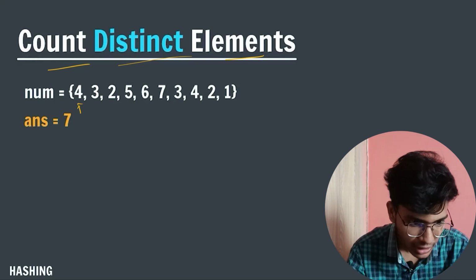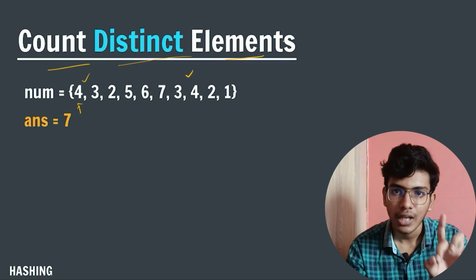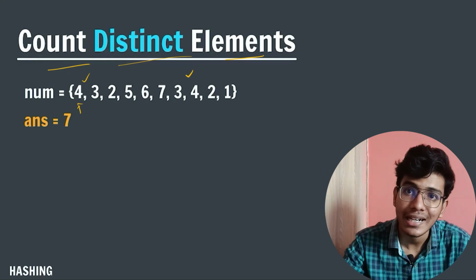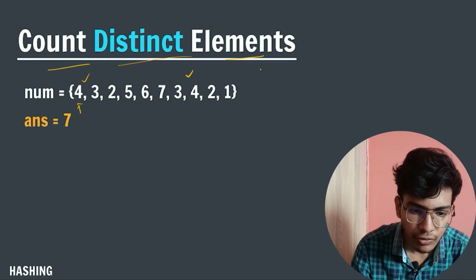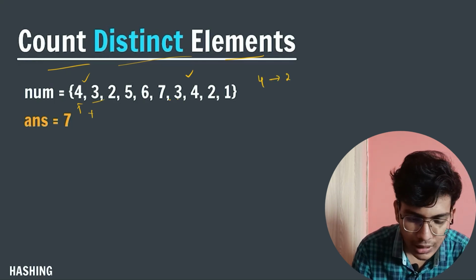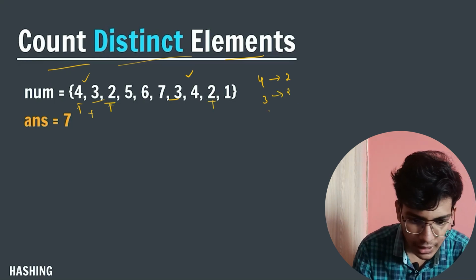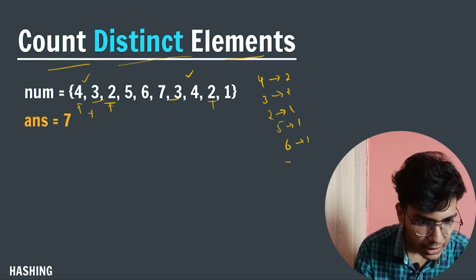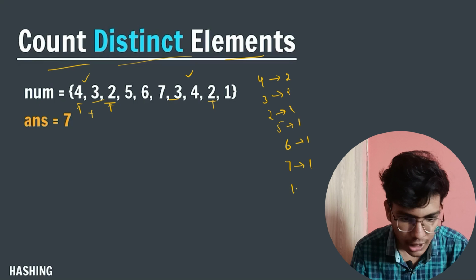So here you can see that 4 is repeating 2 times, but I don't consider 4 two times. I will count the occurrence of 4 as 1, and I need to tell how many unique elements are there in my given array. After 4, 3 has repeated 2 times, and 2 has also repeated 2 times. 5 has repeated 1 time, 6 has repeated 1 time, 7 has repeated 1 time, and 1 has repeated 1 time.